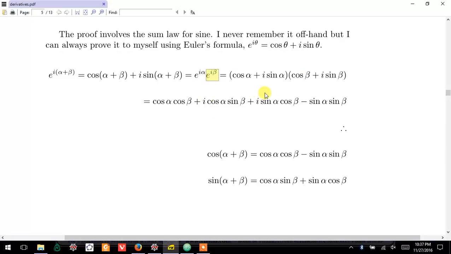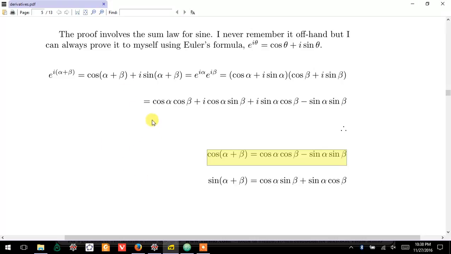I distribute the multiplication, and then think about what happens if you group the real and the imaginary parts. I should comment that this i is the imaginary number i, and so this has real part cosine of alpha plus beta, and it is equal to this, which has real part cosine alpha cosine beta minus sine alpha sine beta. So that tells me the angle sum formula for cosine.